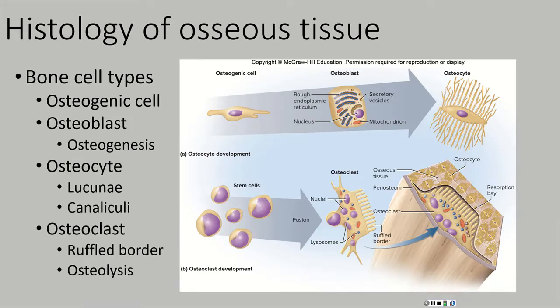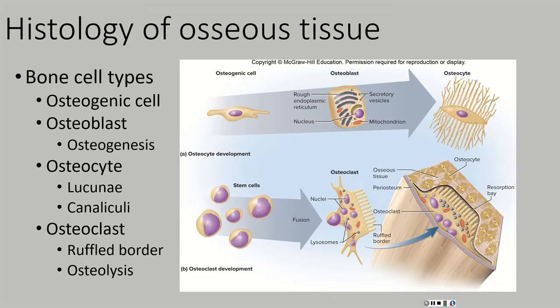And once they are trapped and completely surrounded by that bony matrix, they go through some changes. They become something called an osteocyte. And an osteocyte is a mature bone cell. It used to be an osteoblast before it was trapped.